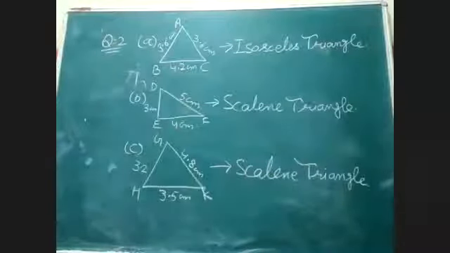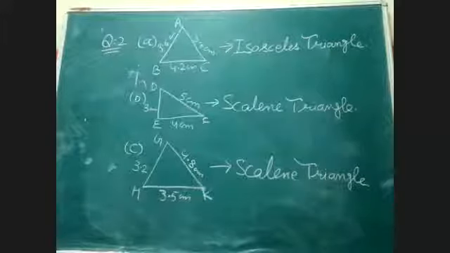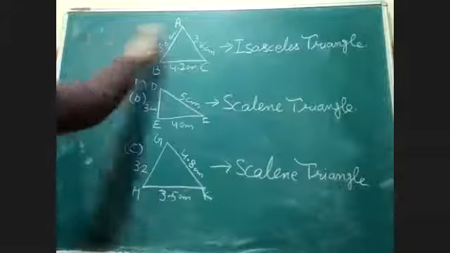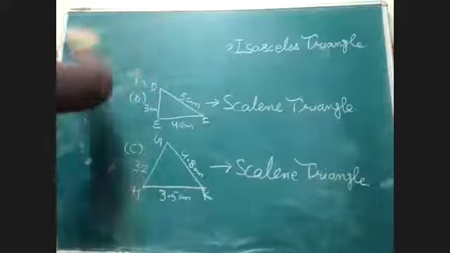First is isosceles triangle. Second is scalene. Part C again scalene triangle. That was the second question, parts A, B, and C. Next friends, parts D, E, and F. Next three parts.